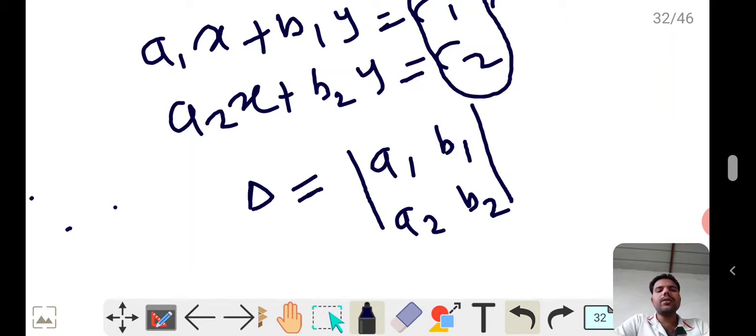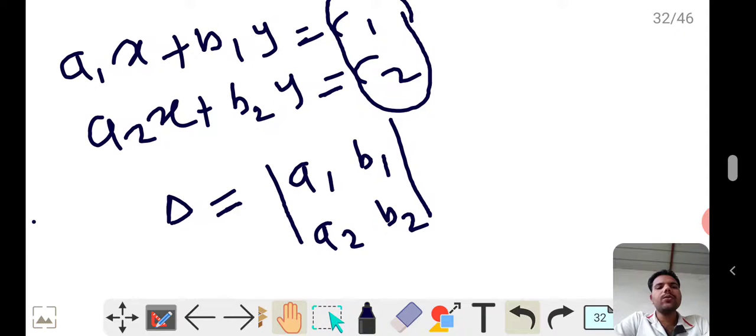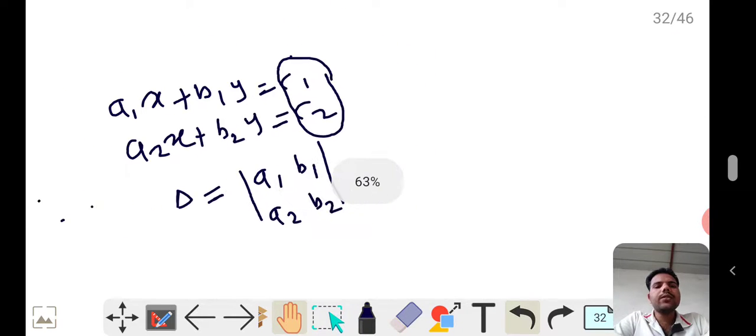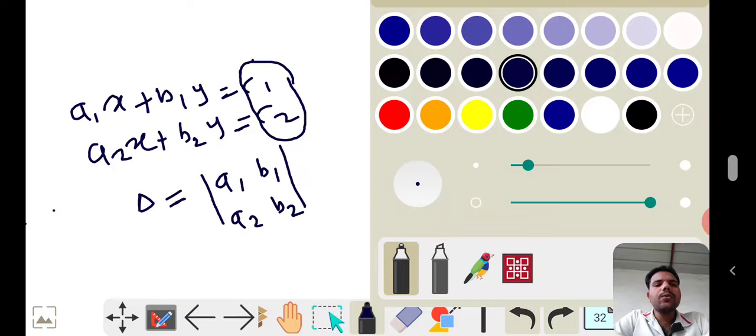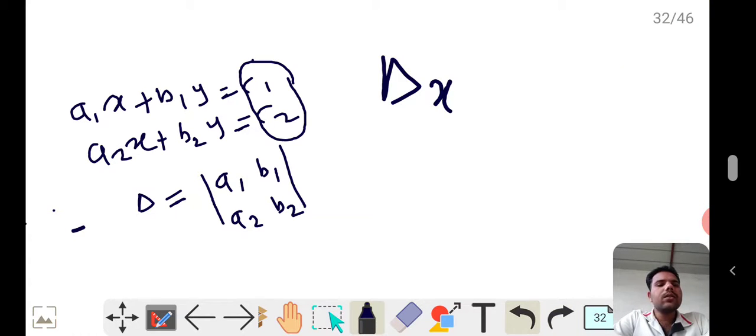In the next step we have to find the delta x value.